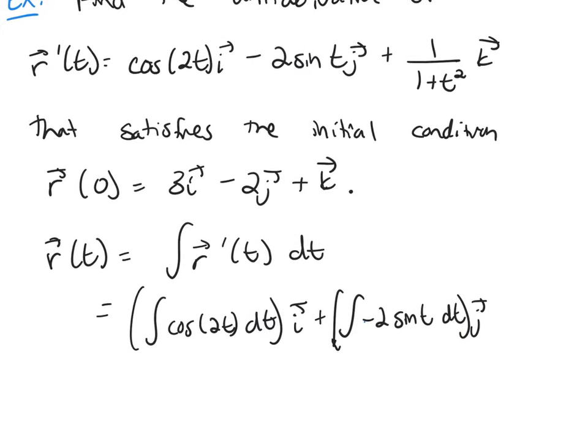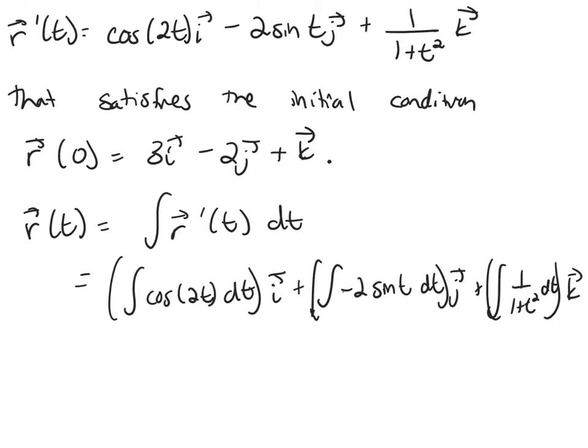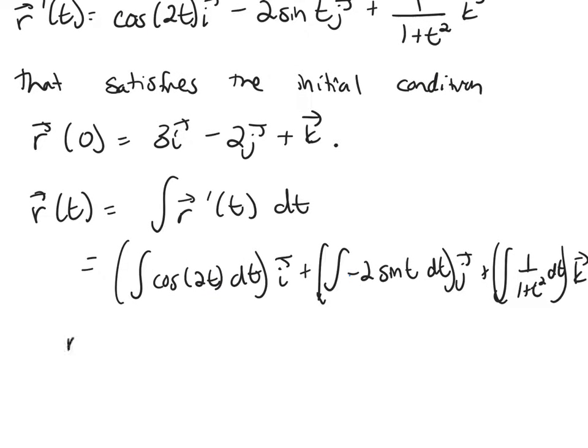And finally, our last component function, plus the integral of 1 over 1 plus t squared times vector k there. So to get r of t, I'm going to integrate all of these functions.